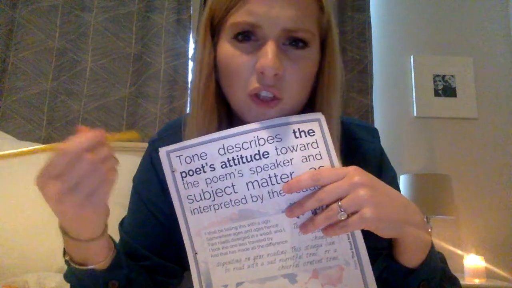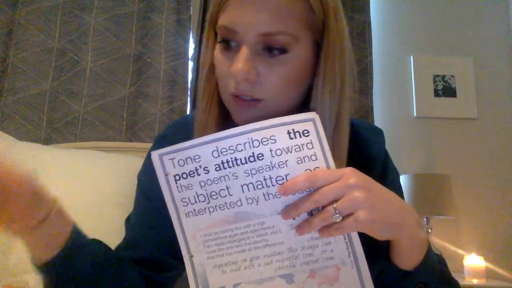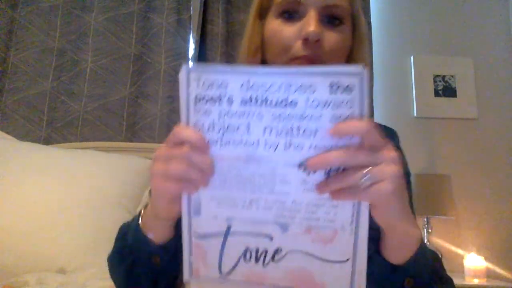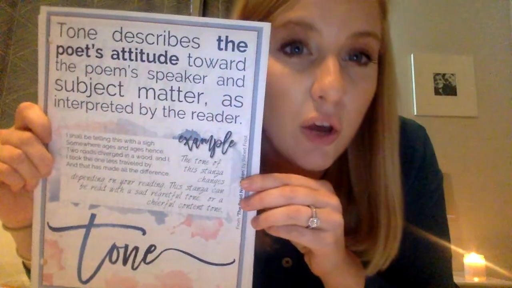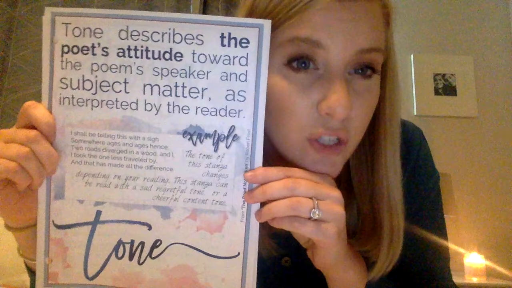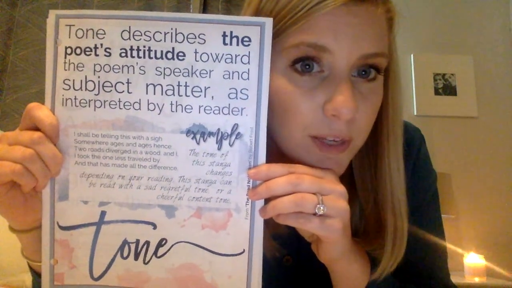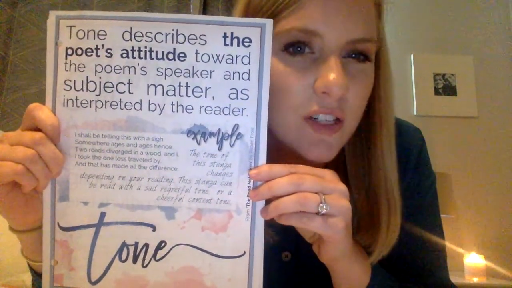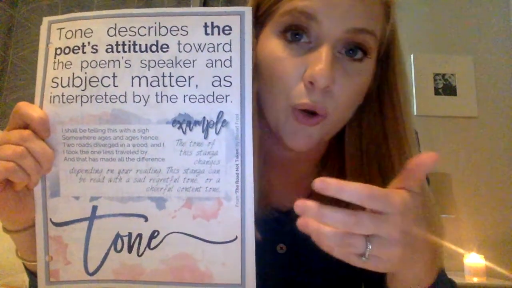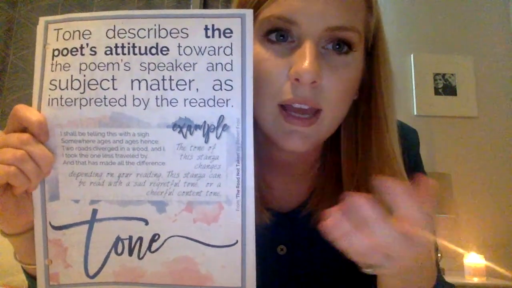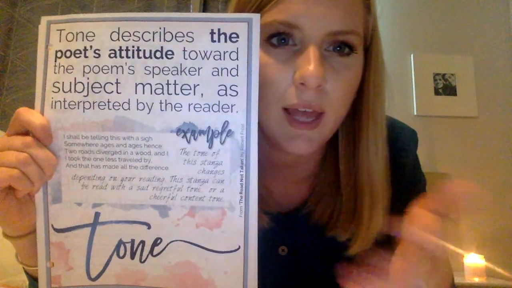Then we can figure out what the tone of Annabel Lee is. Sound good? Okay. This handout says the tone describes the poet's attitude towards the poem's speaker and subject matter as interpreted by the reader. If you've ever heard in reading of the word mood, it's very similar, tone and mood.